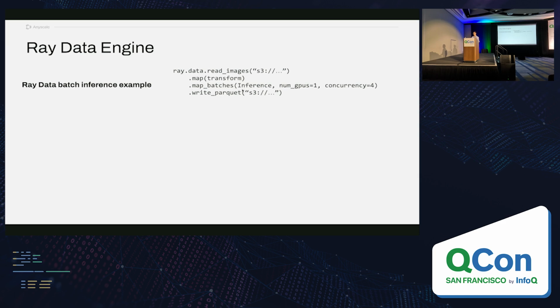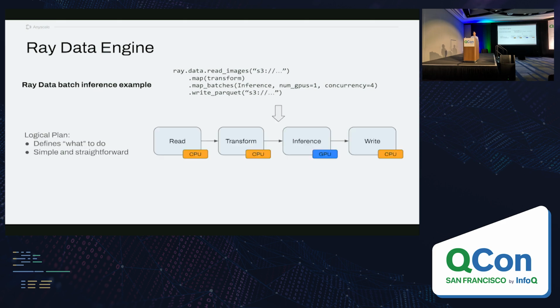This Inference is a class, and it will be hosting a model on GPUs. After the data has been processed, we upload the result back to S3, and all this happens in a streaming way. By writing this simple code, you already construct a highly reliable, highly scalable data pipeline using Ray Data.